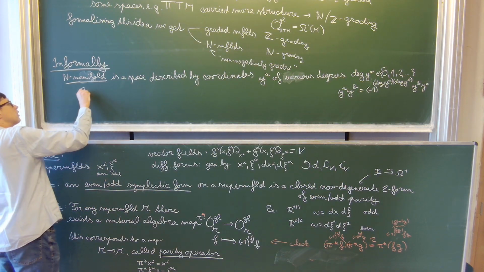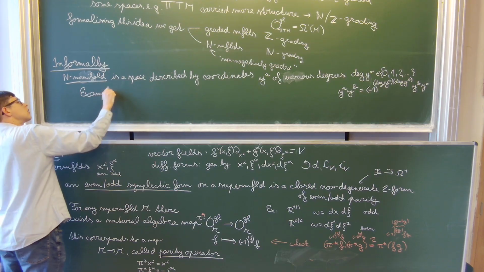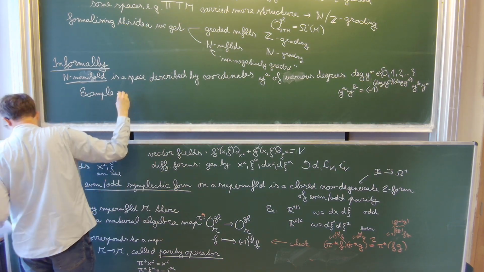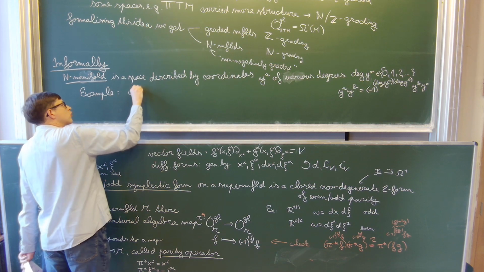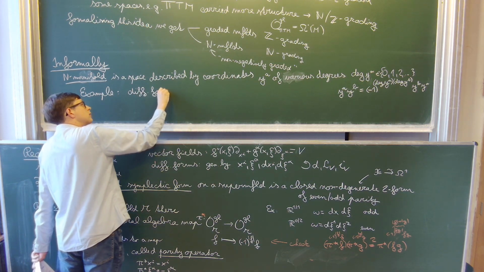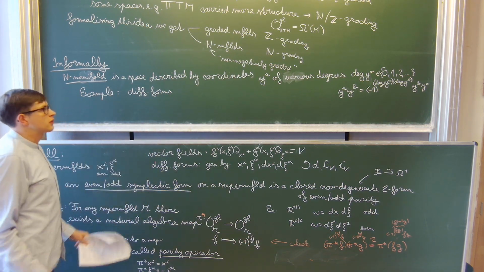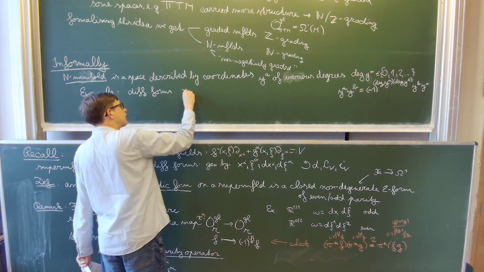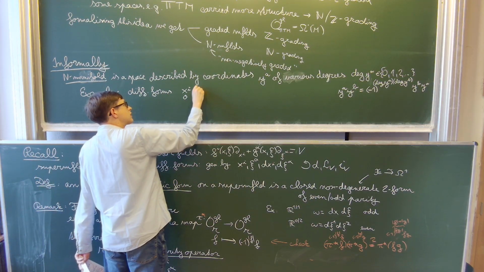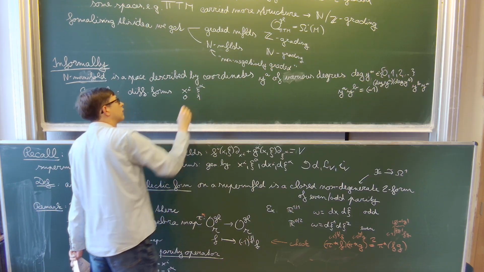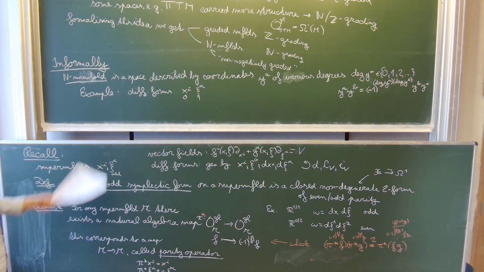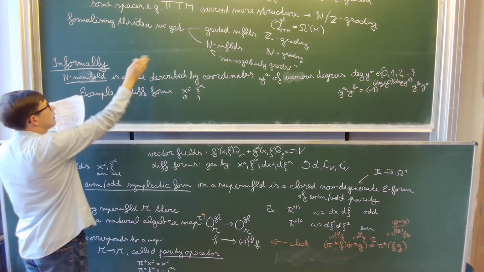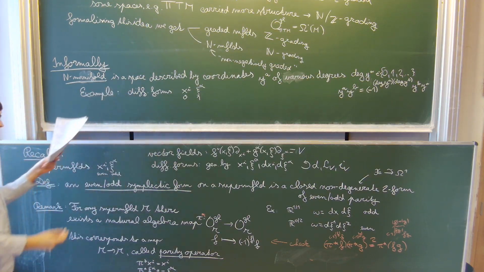The most important example is the case of differential forms. I can see them as functions on a shifted manifold where I take this to be of degree 0 and this guy of degree 1. That corresponds to the stuff above. I will give you that name in a second; so far I just want to write it like this.